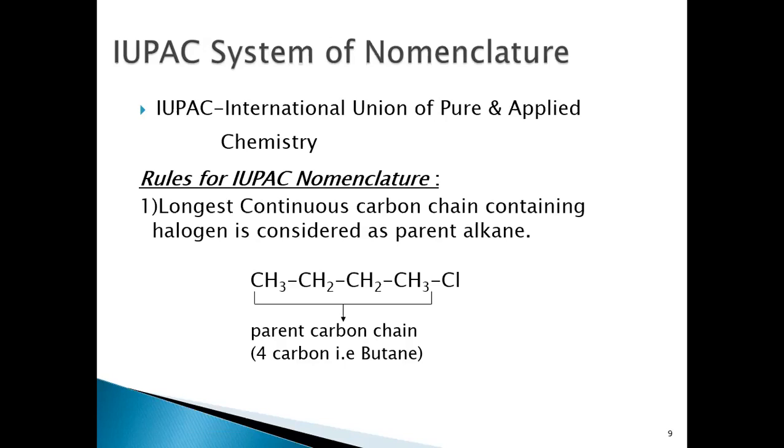You can see in this example, how many carbons are present? 4 carbons. This carbon chain contains chlorine also. This is called the parent carbon chain. As we know, a 4 carbon chain is known as butane. Therefore, the name of this parent chain is butane.